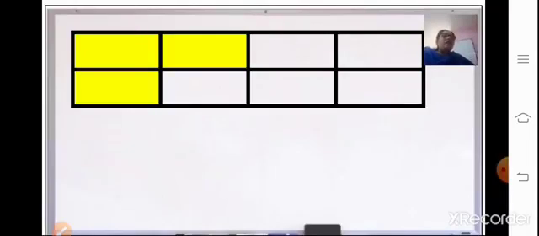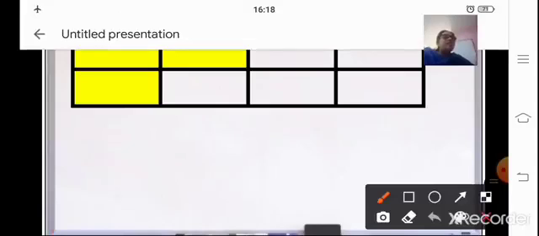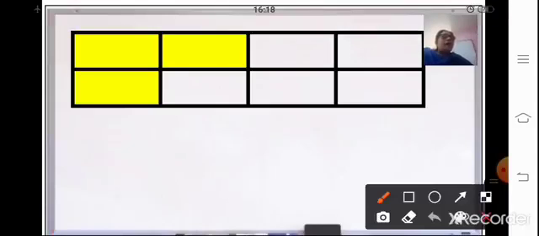Now let us find out what part of the rectangle is shaded. Now here in this figure 3 parts are shaded. That is, here the number of shaded parts is 3. That is 1, 2 and 3.